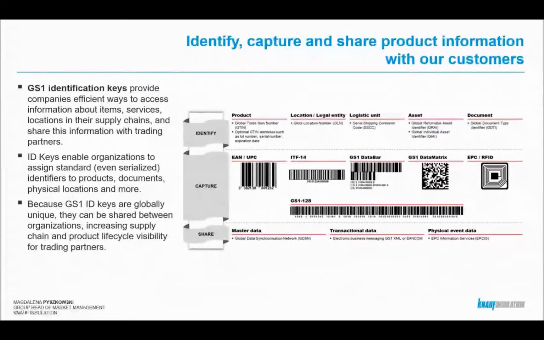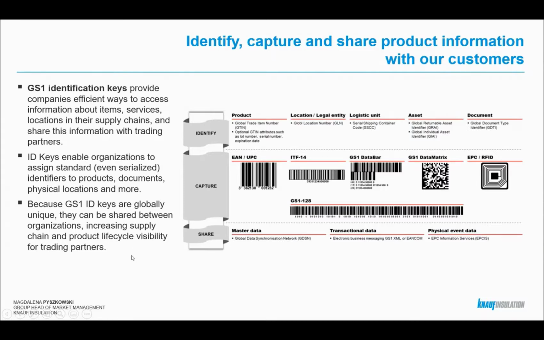So what we're trying to do as a manufacturer is to really understand how we can implement the GS1 standard in our way. So, understand how we can use the identification keys provided by GS1 to find our product during the supply chain.